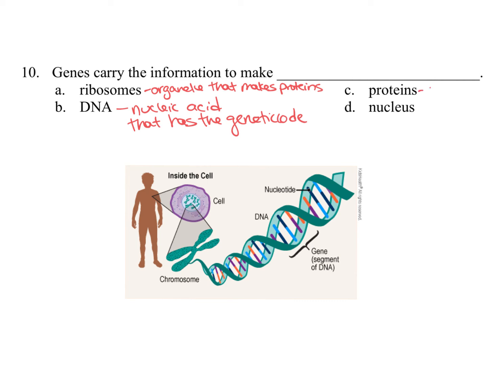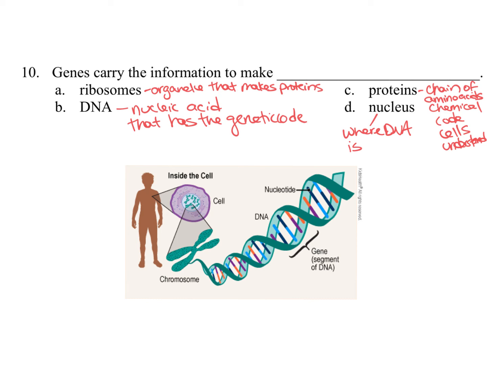Proteins are made up of a chain of amino acids, and it's the chemical code that cells understand. And the nucleus is where DNA is.